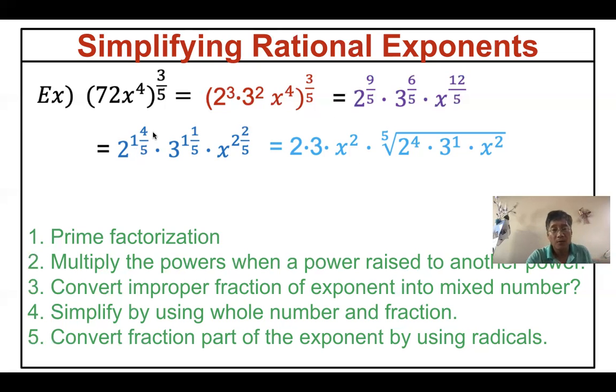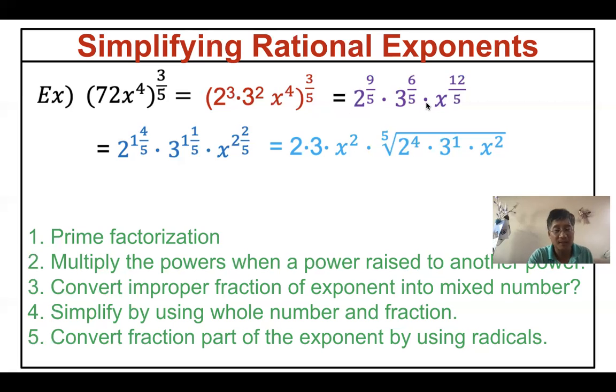Now, we are thinking about only 2 to the 4/5 power, 3 to the 1/5 power, x to the 2/5 power. Everything is 5th power, right? So you will always have the same denominator, because you are going to use a common denominator anyway, right?